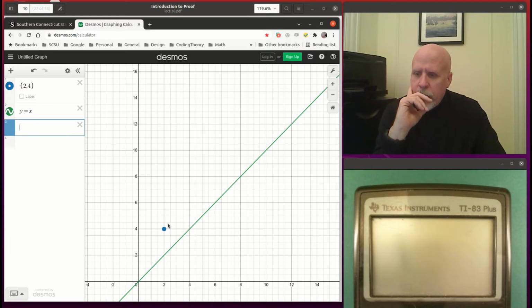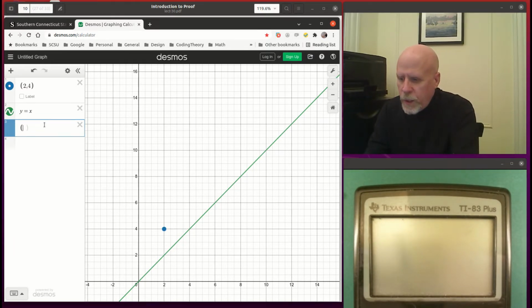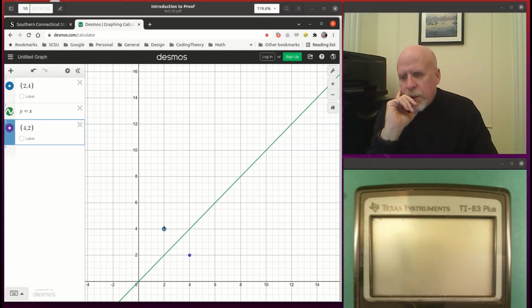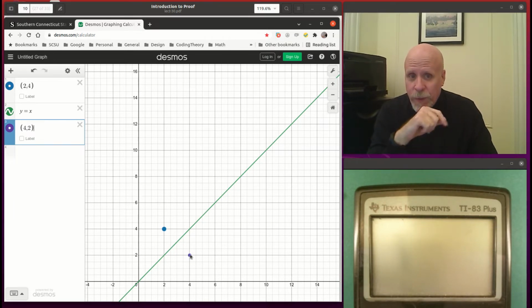You're symmetric if whenever that point is in here, so is this one. The purple one is symmetric across the line y equals x from the blue one. Antisymmetry would mean you may not have a point in that location. It would be disallowed if you were to have an antisymmetric relation.